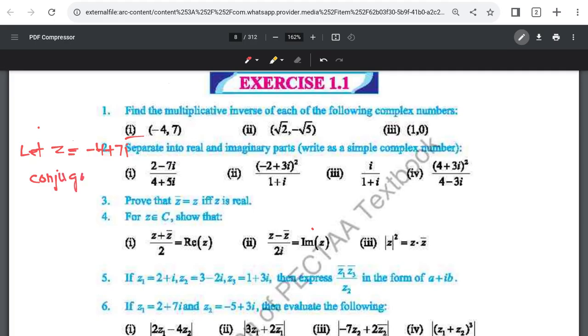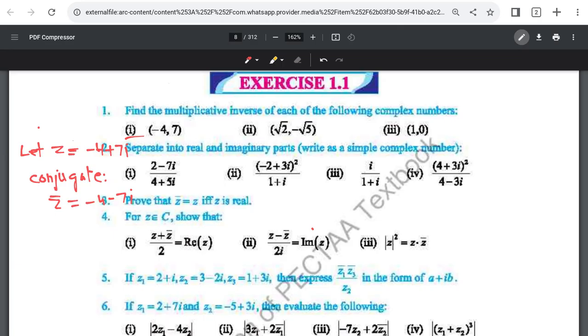We represent the conjugate with z bar, which is minus 4 minus 7 iota. Okay, so basically the formula of the inverse is the conjugate of z over the mod square of z.